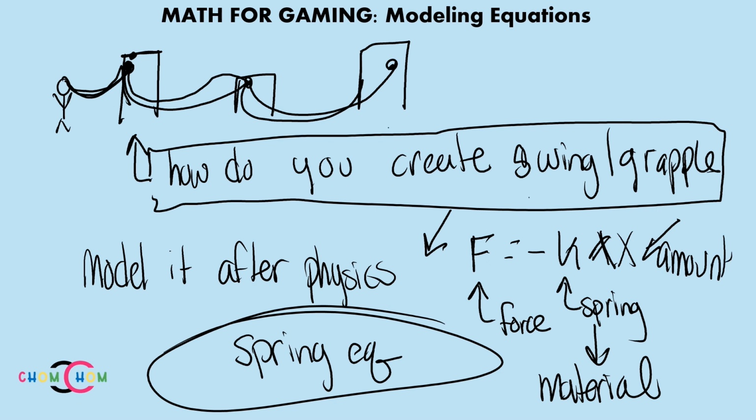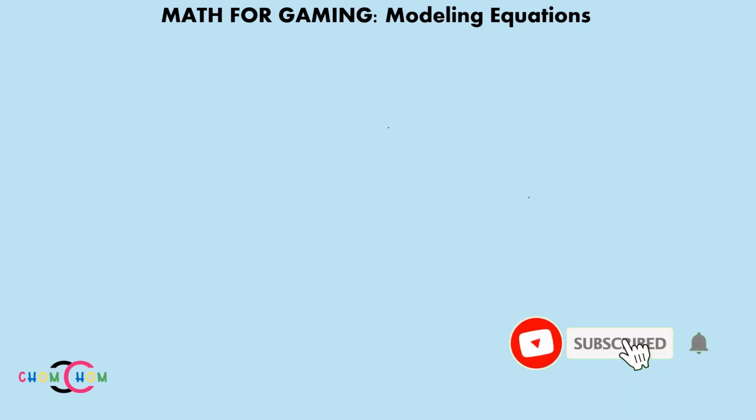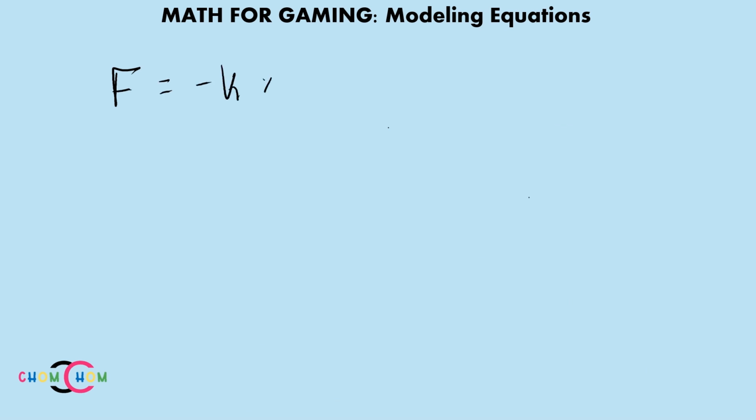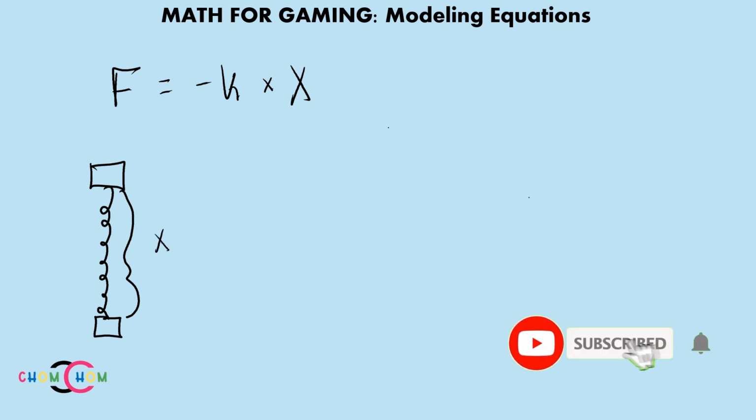The way that the spring works, let me just rewrite this really quick. We have F equals negative k times x. We have our spring here, and then we have our weight. So this is our x, the amount the spring has extended down.